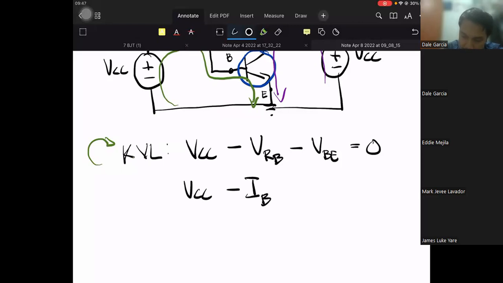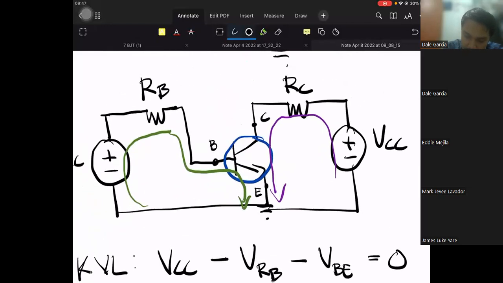So IB. Where is IB? Diba, this is the current IB going current nga gapasod sa base.